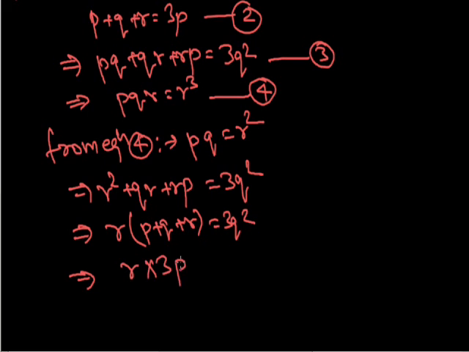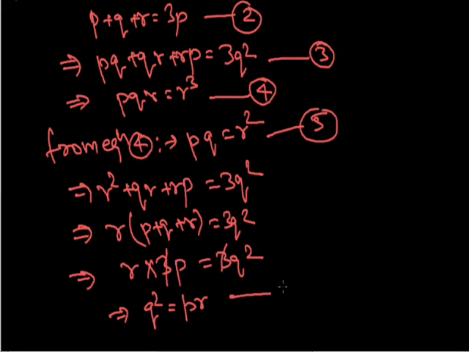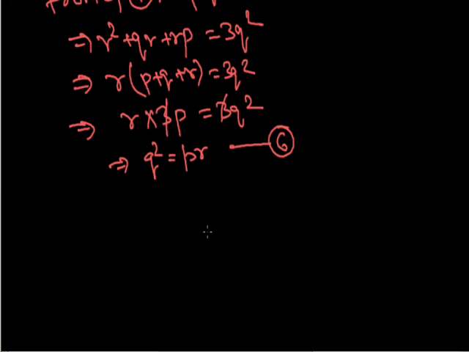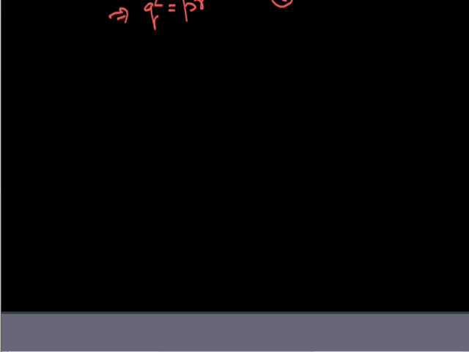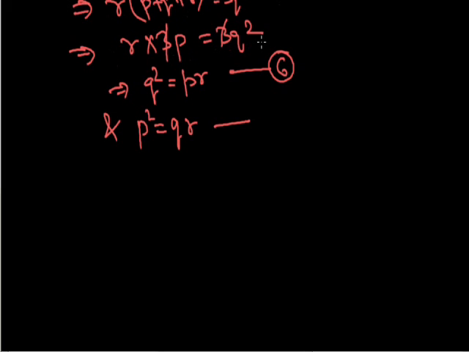R into 3p is equal to 3q square, or we can say q square is equal to pr. Again, by the relations, we may have that p square is equal to qr. Now, by solving all the three equations 5, 6 and 7, we may see that p is equal to q is equal to r.